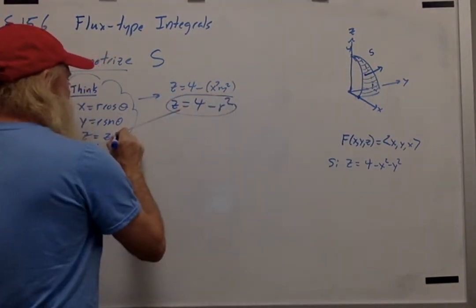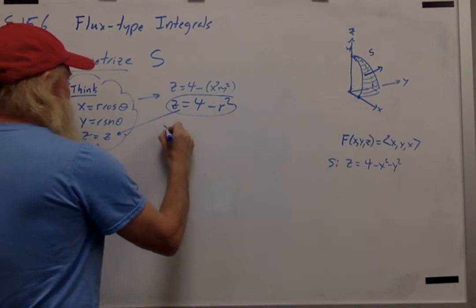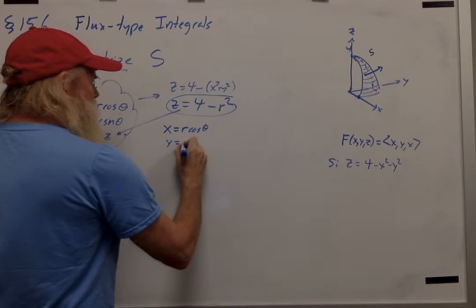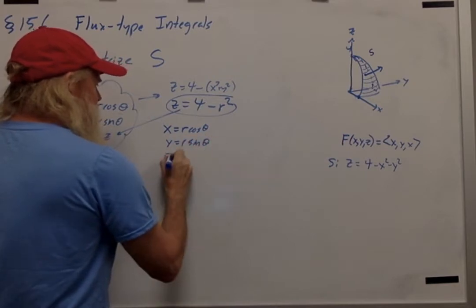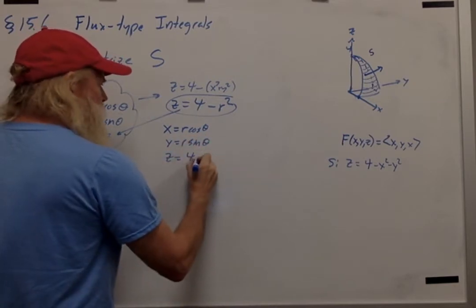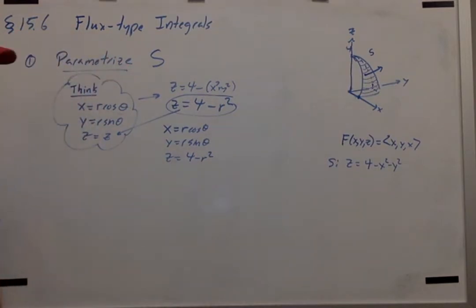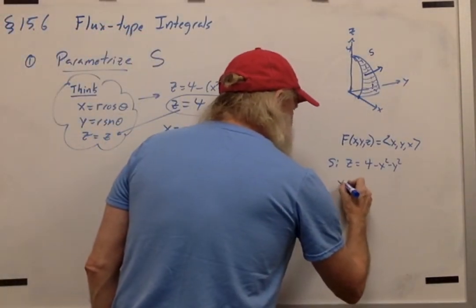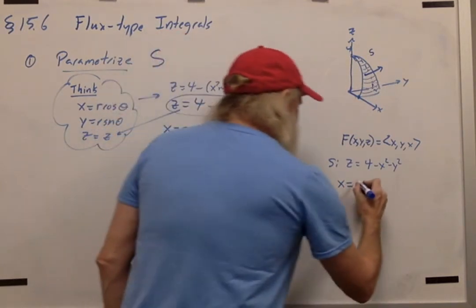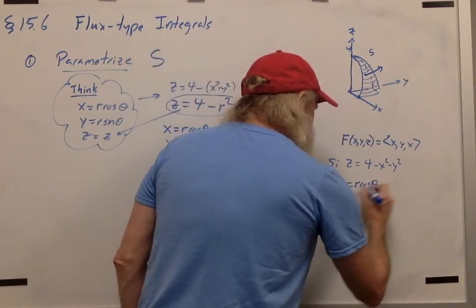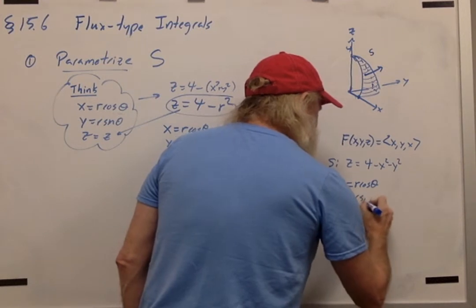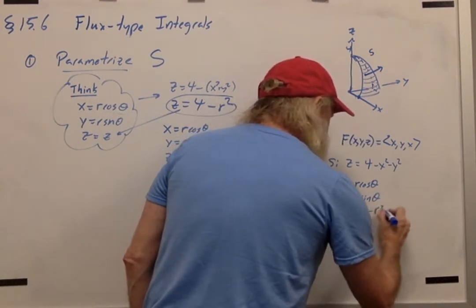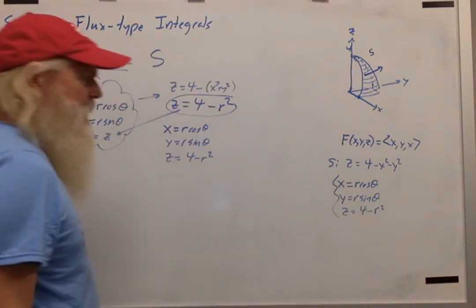I substitute that back in for z, and I get x equals r cosine theta, y equals r sine theta, and z equals 4 minus r squared. So let's capture that down here as our parameterization. x equals r cosine theta, y is r sine theta, and z is 4 minus r squared. So that's my parameterization.